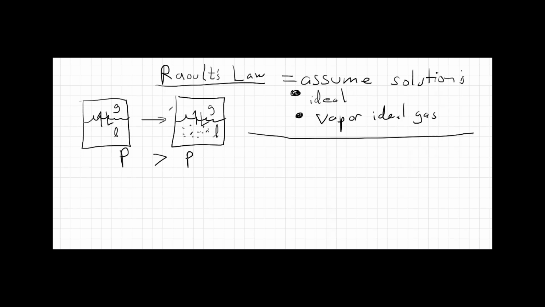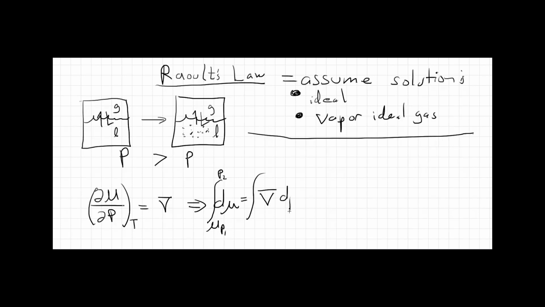Now to do this, we actually have to see how the chemical potential of the gas changes when we change the pressure. So we want to remember that the change in chemical potential with pressure at constant temperature is equal to the molar volume. So if we write this as a differential, we can say d mu as we go from mu at P1 to P2 is going to be equal to the molar volume dP, and we're going to integrate from P1 to P2.